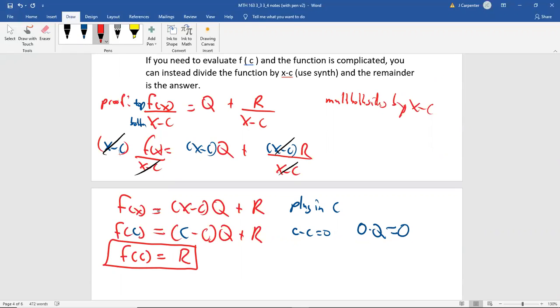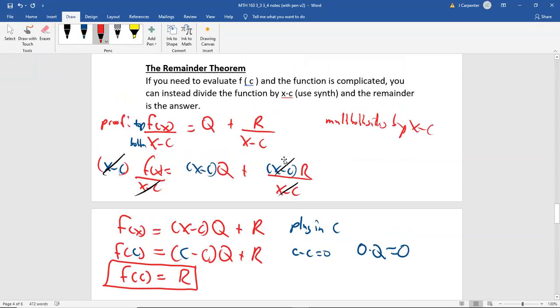Now, I know you still don't trust me with that, so when we practice one of these, we'll do a traditional plug-in, and we will do it via synthetic division to show that I'm not just making this stuff up. But again, this is an amazing theorem.